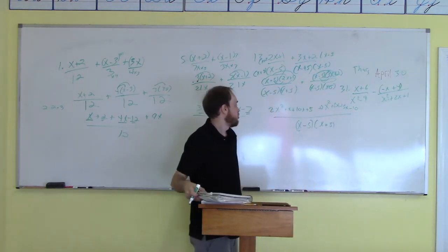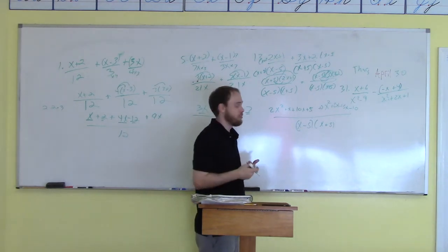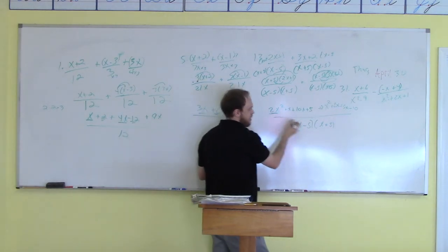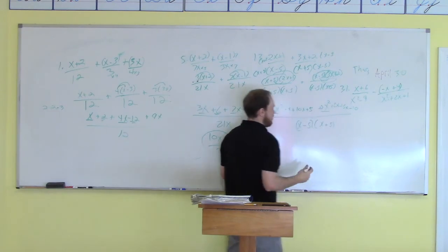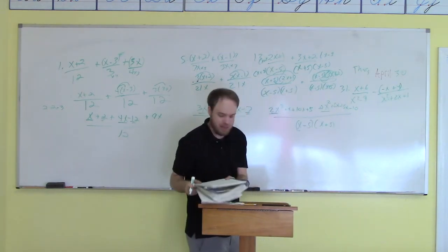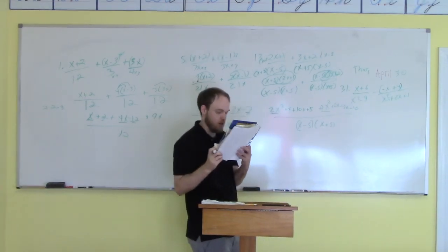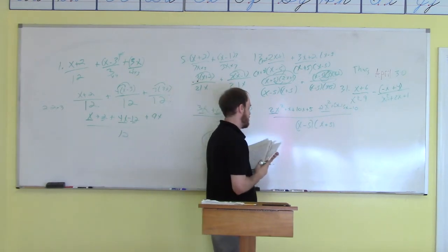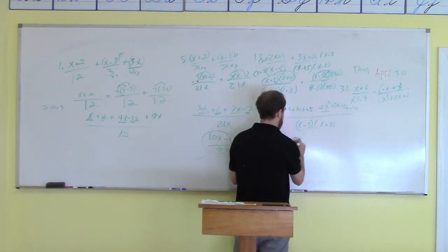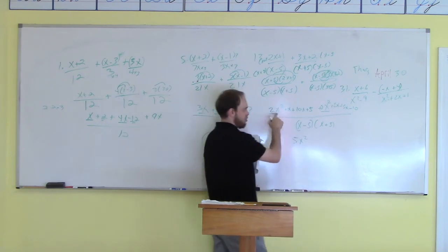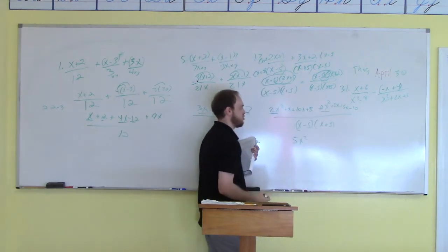So again, just look at it and see what you can combine, like terms-wise. So I have a 2x squared and a 3x squared. So I can combine that, and that gives me a 5x squared. 2x squared plus 3x squared is 5x squared.